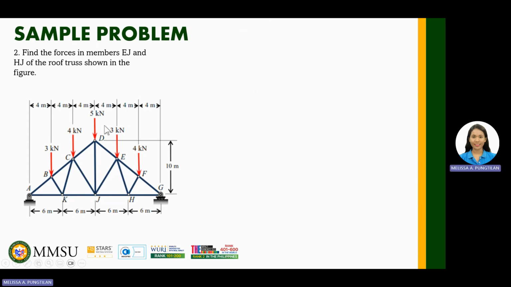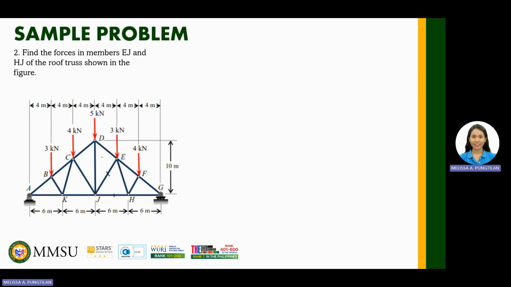Okay, so let's proceed to example number 2. Find the forces in members EJ and HJ of the roof truss shown in the figure. EJ and HJ, where are they? So, we have EJ and HJ.